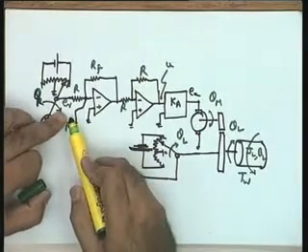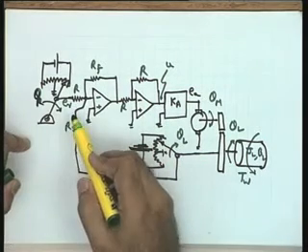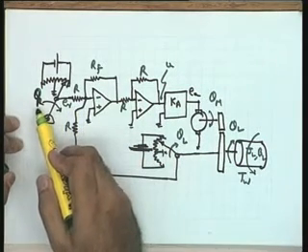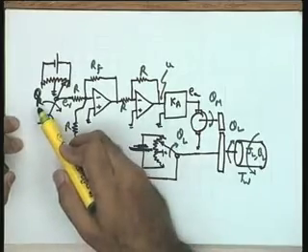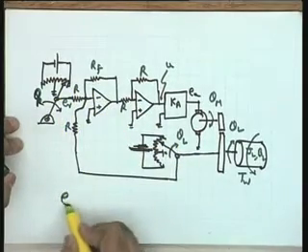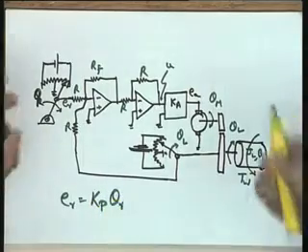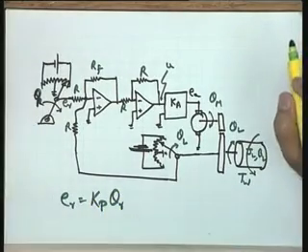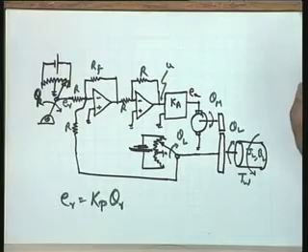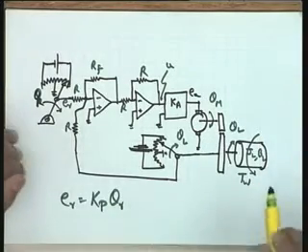So now ER, again summing junction is the two voltages, but the meaning of the two voltages has become different. This ER is a signal which represents the desired position, and this desired position can be set on the potentiometer, so that ER is equal to Kp into theta r, where Kp is the potentiometric constant. Okay? I hope you get it. Now let me see the feedback signal at this stage.